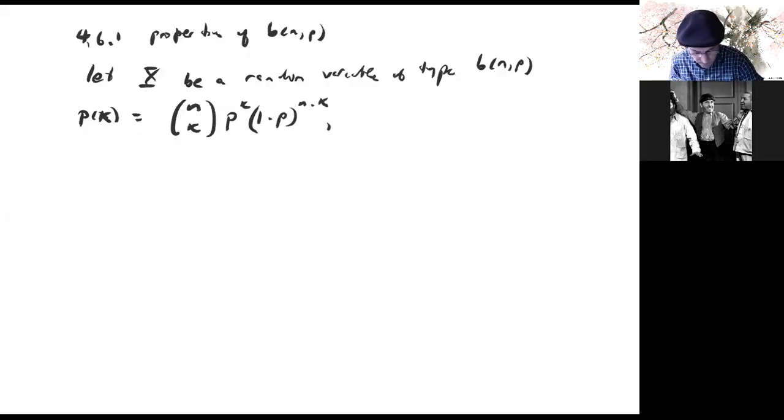And here, k goes from 0, 1, all the way up to n, and all other values of P are 0. P of a million is 0 if n is less than a million.